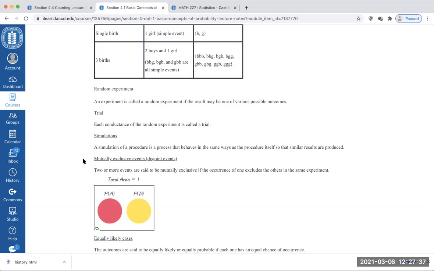Mutually exclusive events are the same as what we called disjoint sets. Of course, when talking about events, sometimes I call them disjoint events, even though that's terminology for sets. But since set theory and probability theory are really the same thing, sometimes we use the same terminology for them.